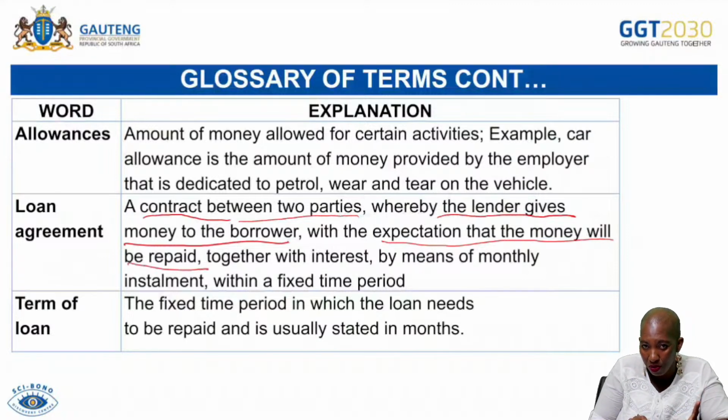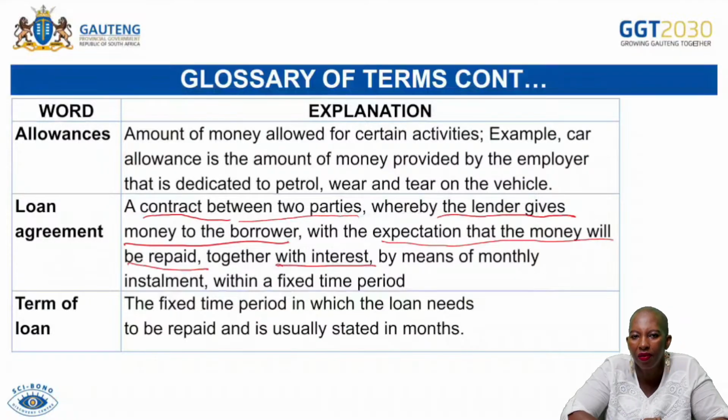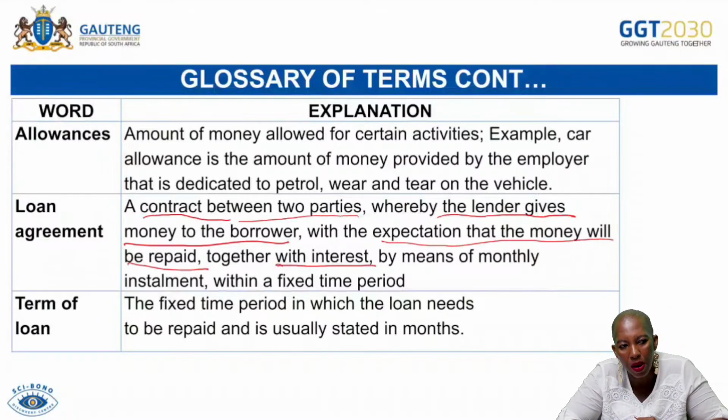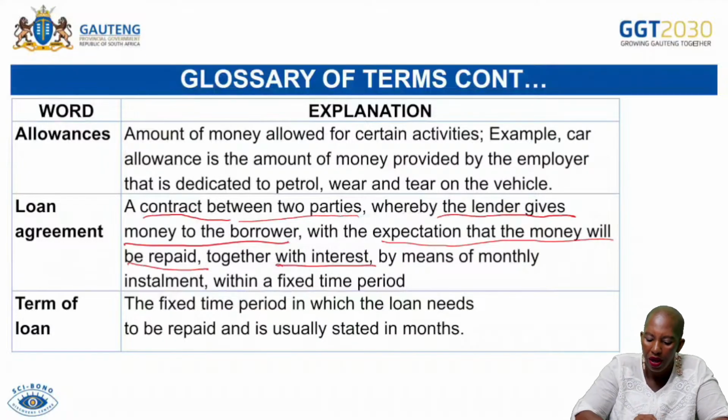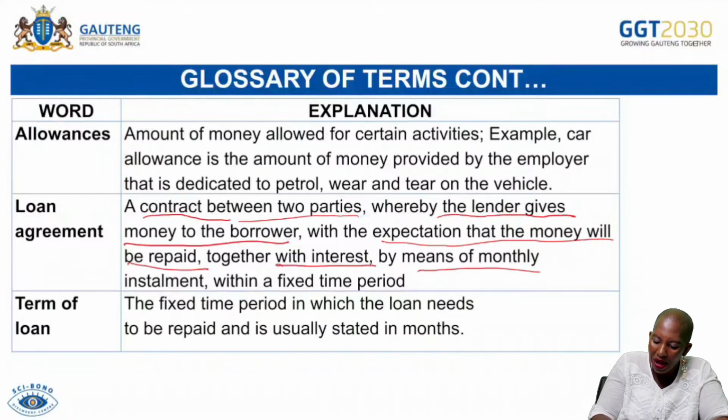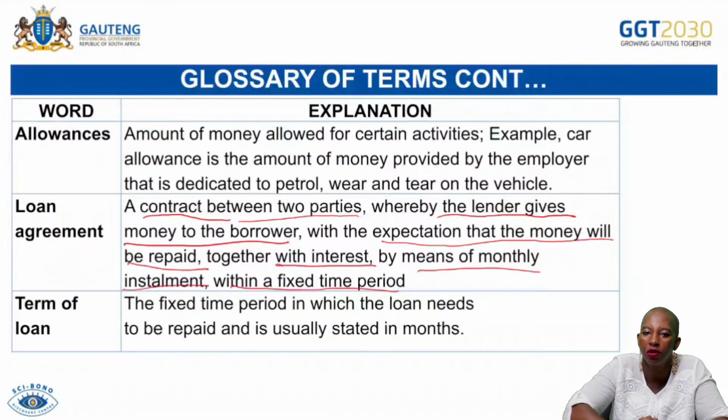When you lend somebody money, you lend knowing that they're going to pay you back, together with what? With interest. It's like, go and use my money, but when it comes back, it should have additional money on top, by means of monthly installments within a fixed period of time.